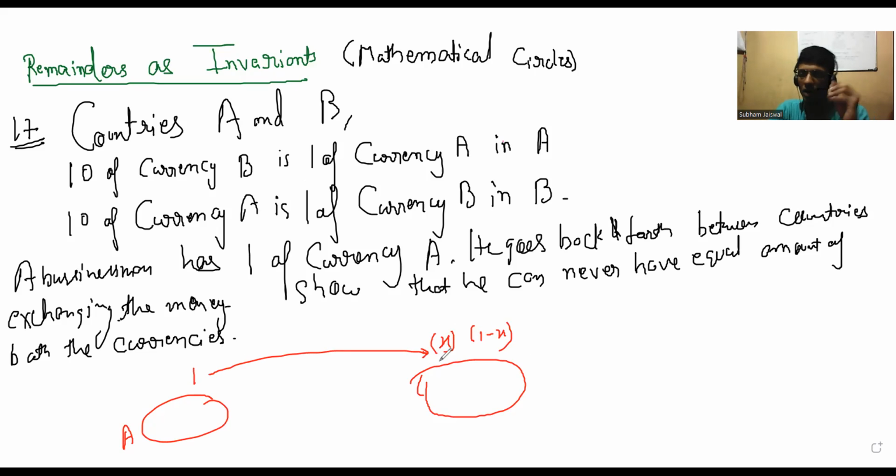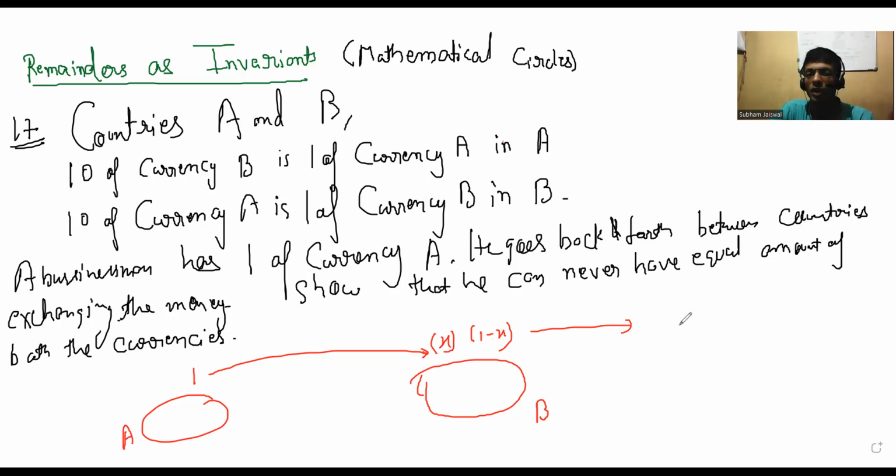So it is that 1 of currency A, he breaks into X of currency A and 1 minus X of currency B. Okay. Now let's say that this X, he exchanges. Okay, so now both are of currency A. I'm not writing everything, I'm just saying, he has X of currency A and 1 minus X of currency A. After he does an exchange with X, okay, then what does he get?